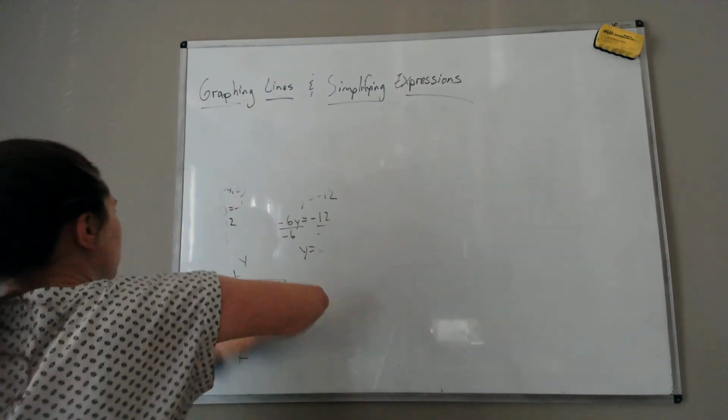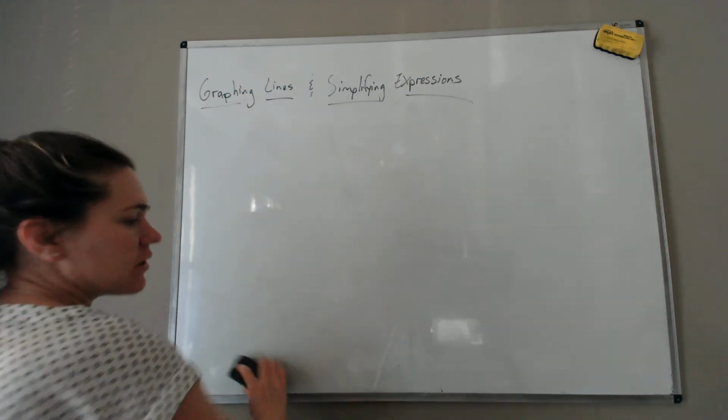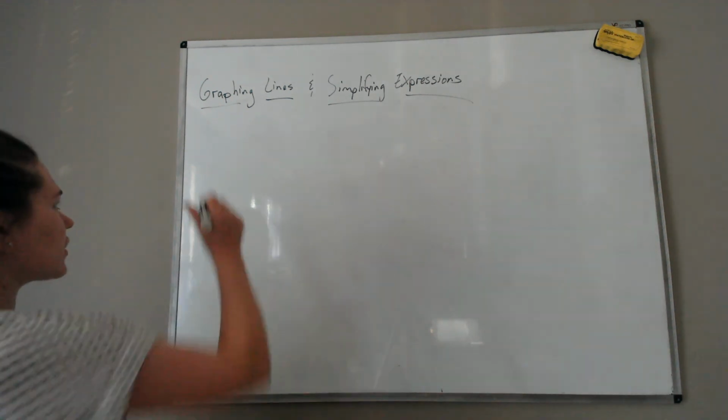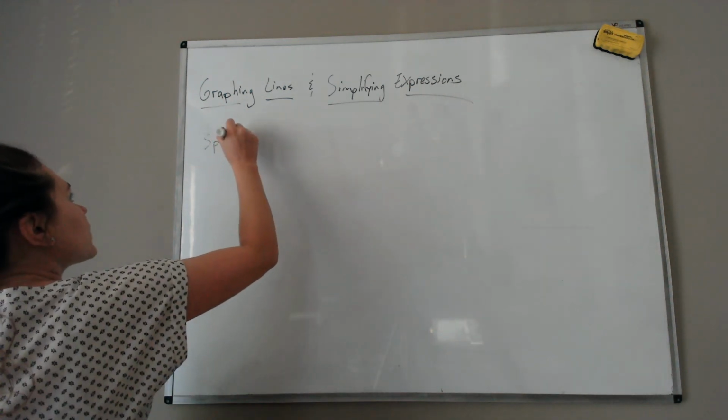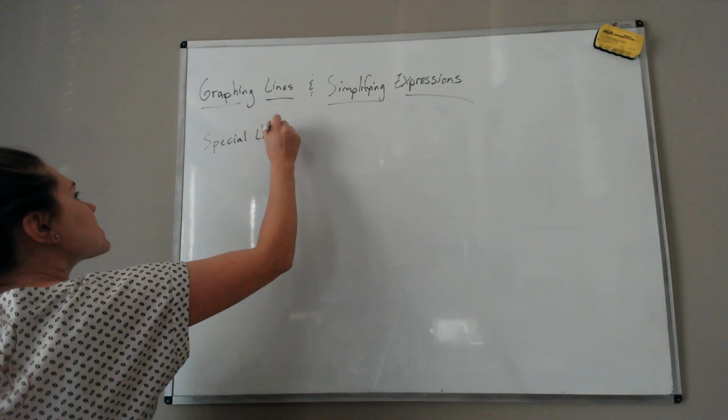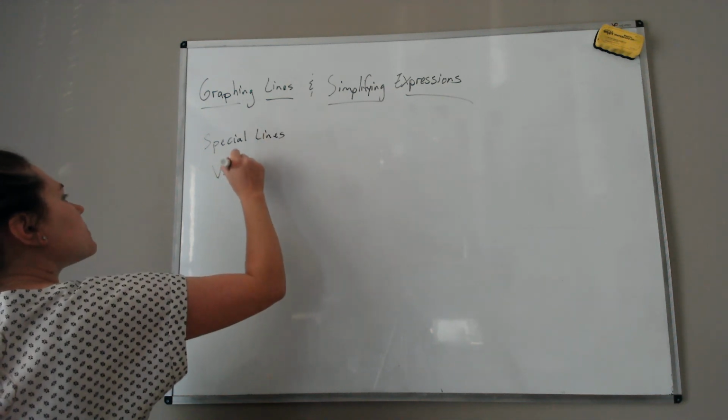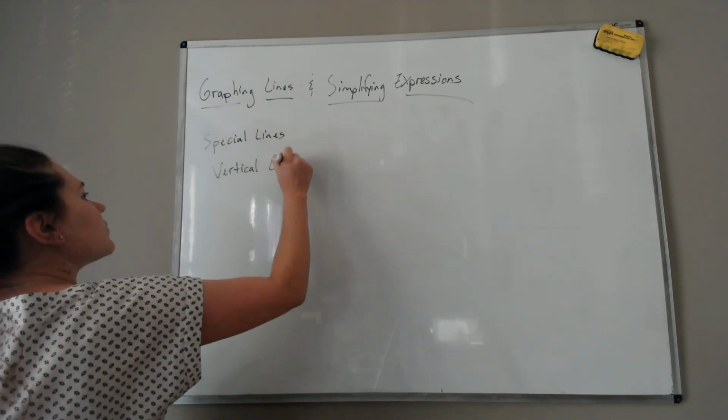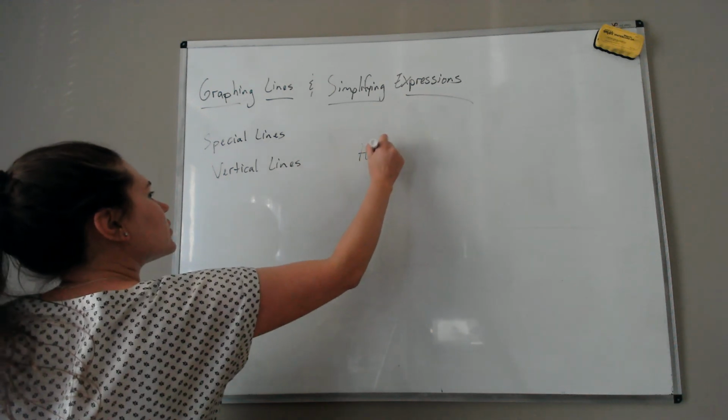But let's go over special lines before we go into simplifying expressions. So special lines. We've got vertical lines and we've got horizontal lines. Those are special lines.